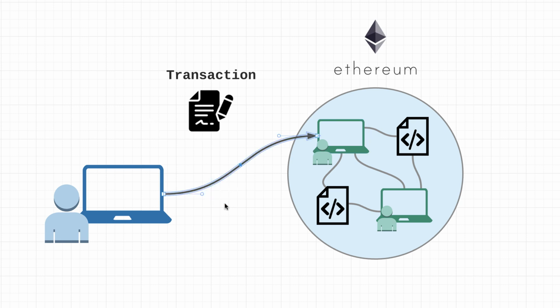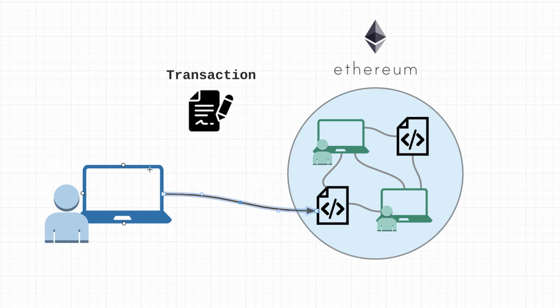Transactions can also be instructions to the network to execute smart contracts. An important point to make is that all transactions are always initiated by an EOA. In other words, by a human or an account with a private key. Contracts, however, once triggered, let me draw a little arrow here.